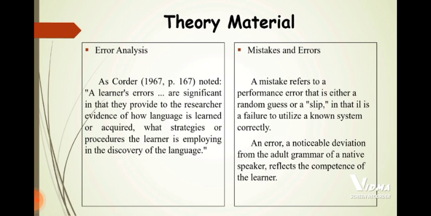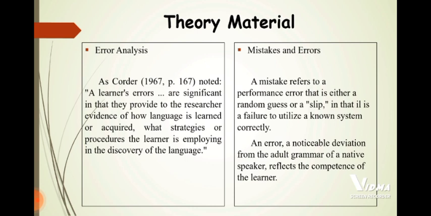Error analysis. Corder (1967) notes all learners' errors are significant in that they provide to the researcher evidence of how language is learned or acquired, what strategy or procedure the learner is employing in the discovery of the language. Mistakes and errors.